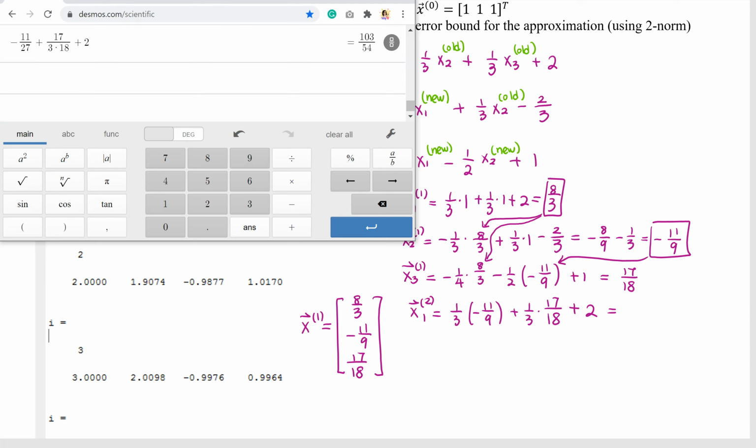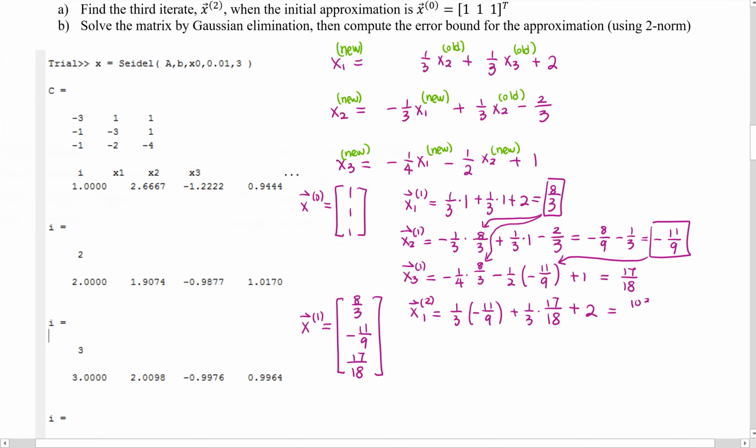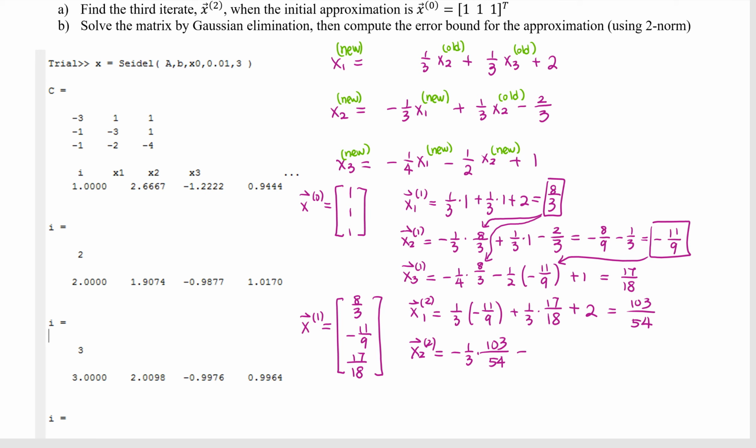And what is that fraction? 103 over 54. Now the second coordinate of x2 is minus 1/3 x1 new, which is 103 over 54, plus 1/3 x2 old, which is minus 11 over 9, minus 2/3.